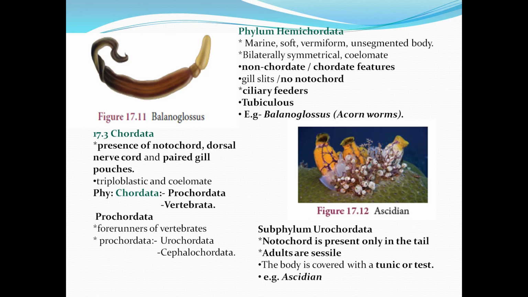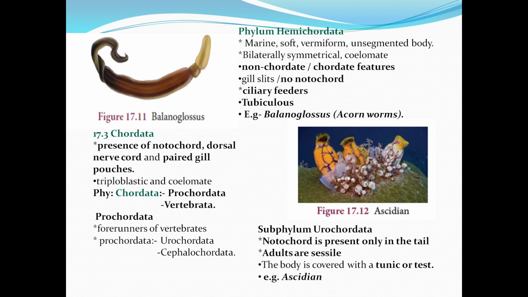Phylum Hemichordata. Hemichordates are marine organisms. Their body is soft and vermiform. Vermiform means worm-like organism. And their body is unsegmented also. They are bilaterally symmetrical organisms and they possess true coelom. They are coelomate.